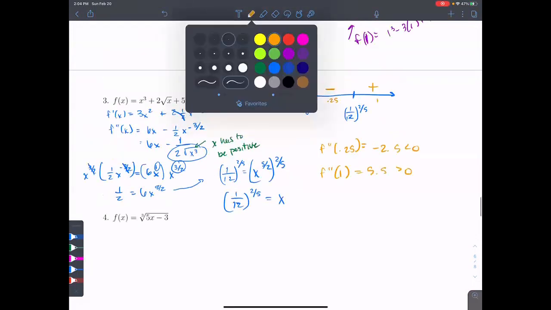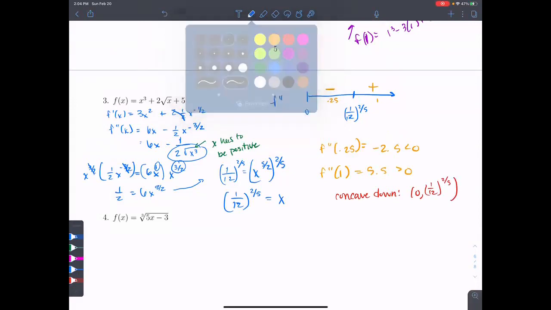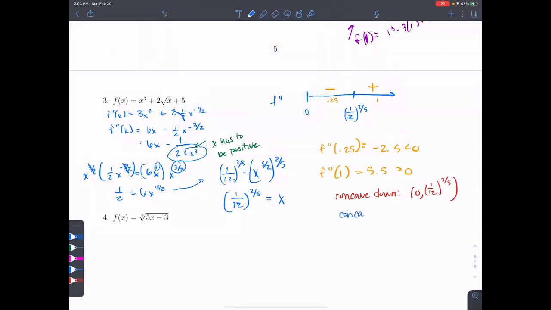So we have concave down from 0 to 1/12 to the 2/5, and then concave up from that number, 1/12 to the 2/5, to infinity.